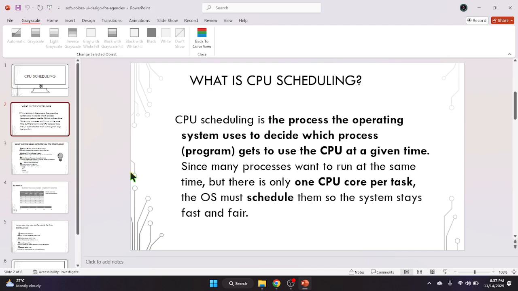The operating system must organize and schedule these programs. This ensures that the system stays fast, no program waits too long, and every process gets a fair chance to run.